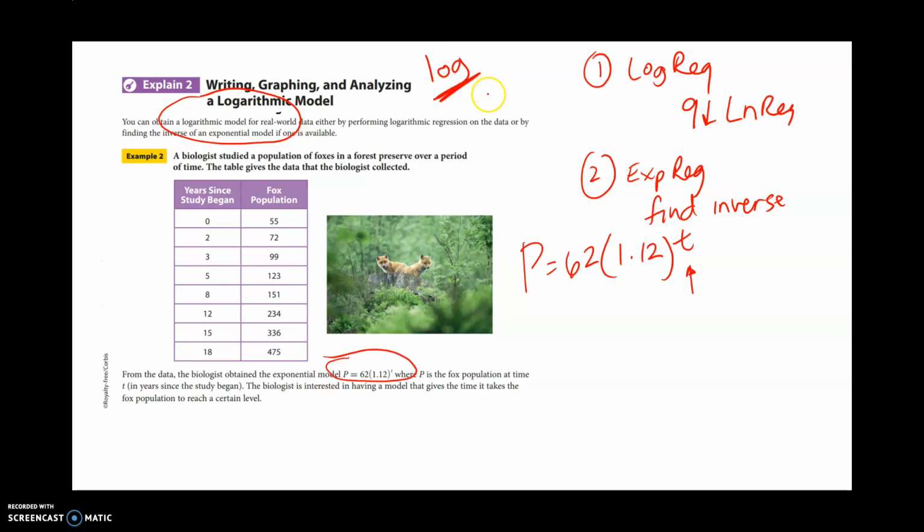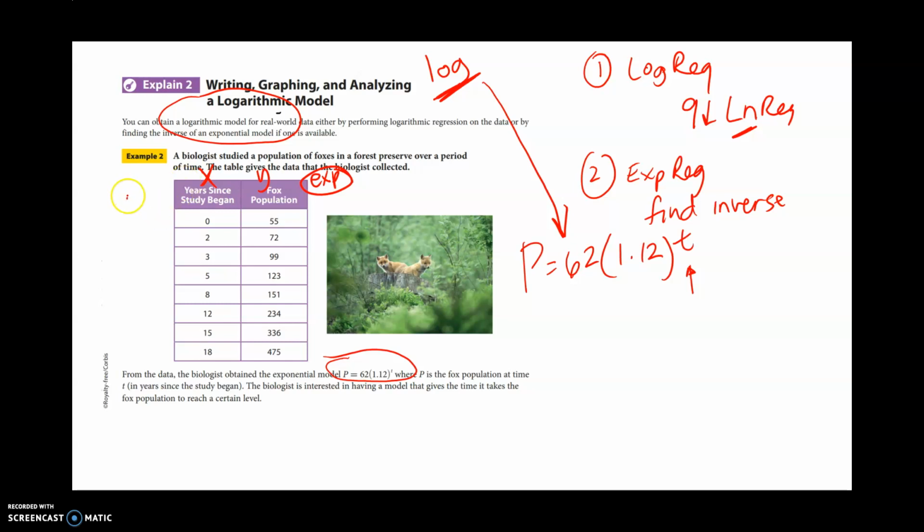Because logs are the inverse of exponentials, and when we take inverses, the inputs and outputs are swapped, aren't they? So we could do this two different ways. We could take the data right here. He used x and y for the exponential functions. We can do a logarithmic, again an ln regression, by switching x and y's.